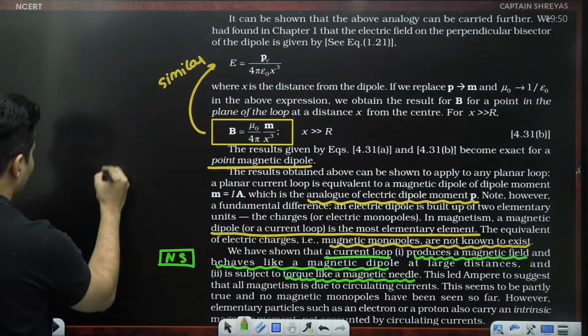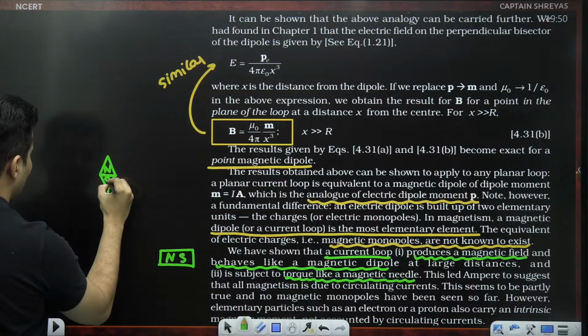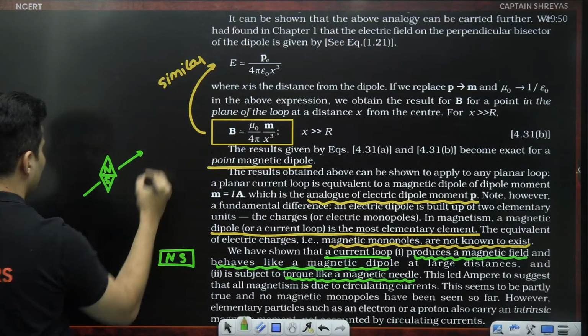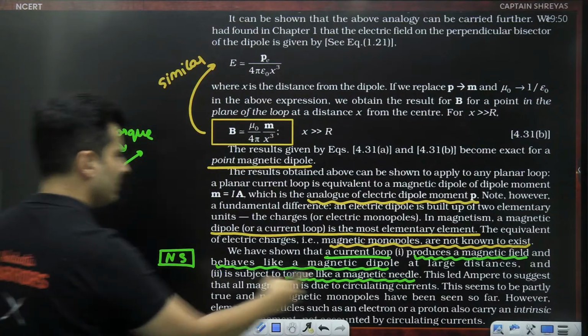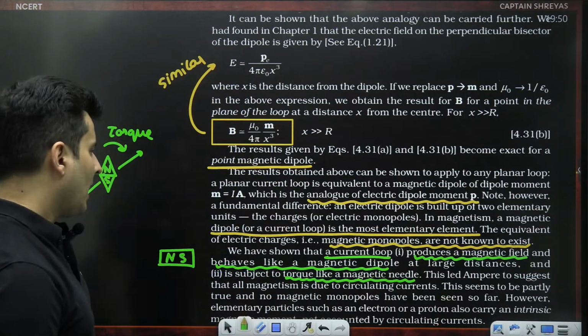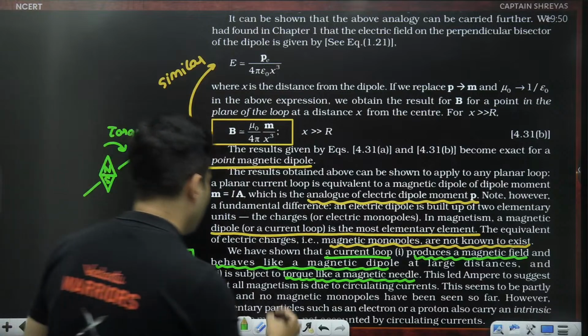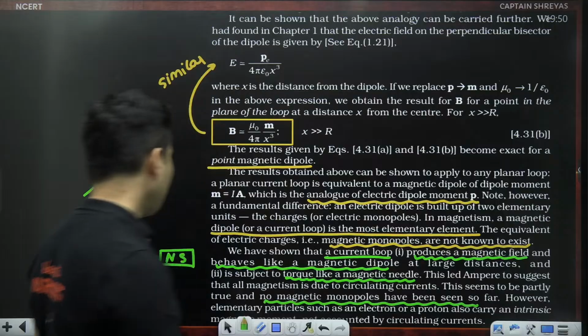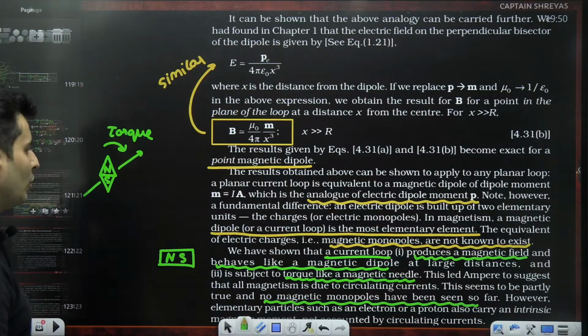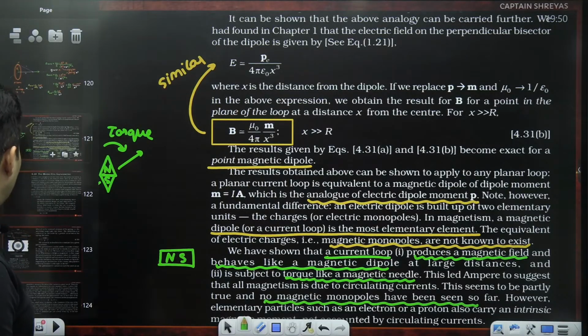We know this. If you take a magnetic needle with north and south polarities and you place it in a magnetic field, it will definitely experience a torque. And also, there are no magnetic monopoles. These are the final conclusions.